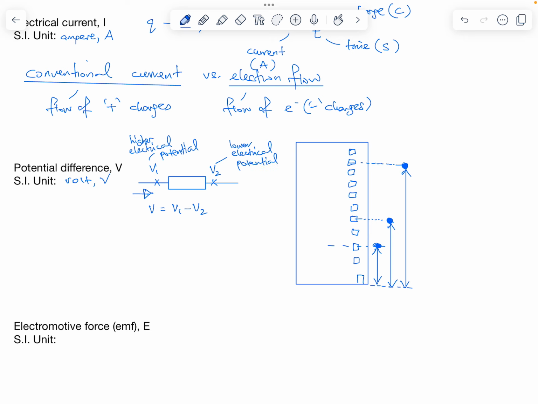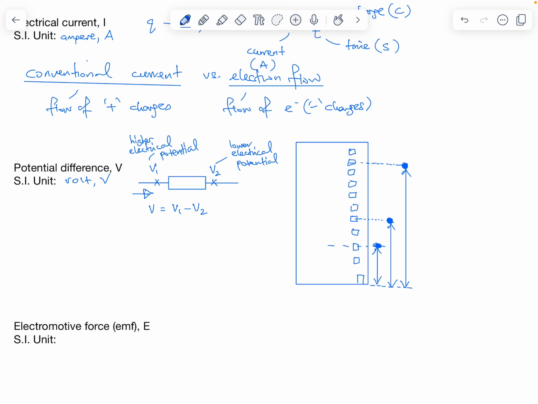So a positive charge will always move from a point of higher electrical potential V1 to a point of lower electrical potential V2. Just like the ball will move from a point of higher gravitational potential to a point of lower gravitational potential. So therefore we have this potential difference in terms of electricity.